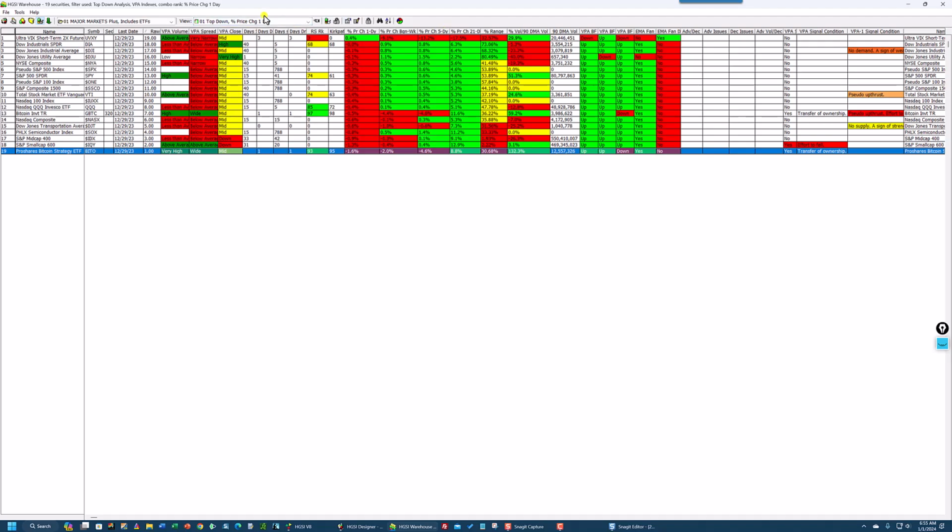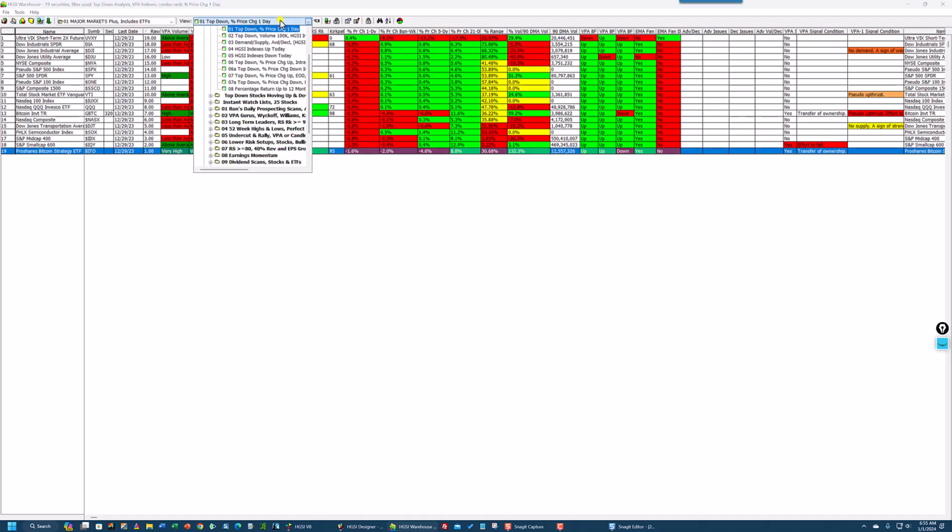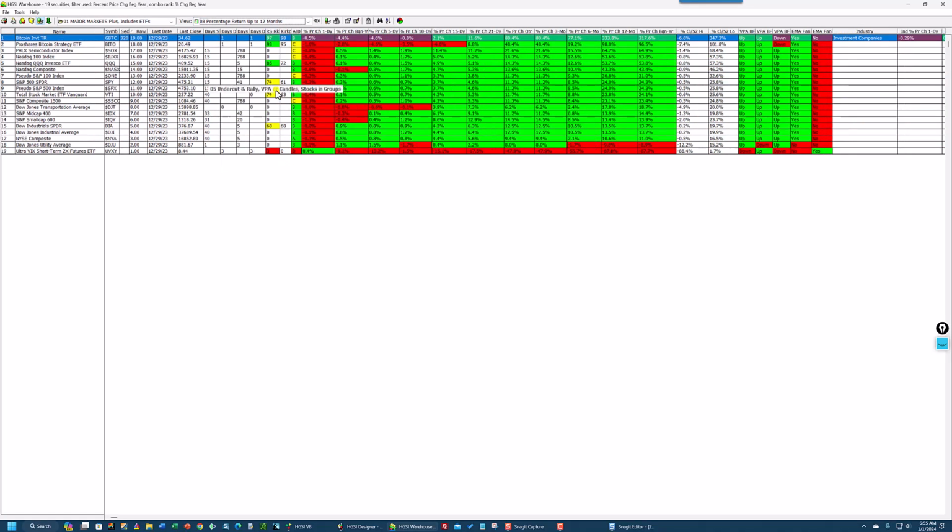But since we're doing the end of the year, I'm going to drop down here to number 8, percentage returns up to 12 months. And then this combo is sorted on beginning of year. So these are the results from the beginning of the year. And if you look over here, you'll see that the Bitcoin Investment Trust and BITO are the two leaders.